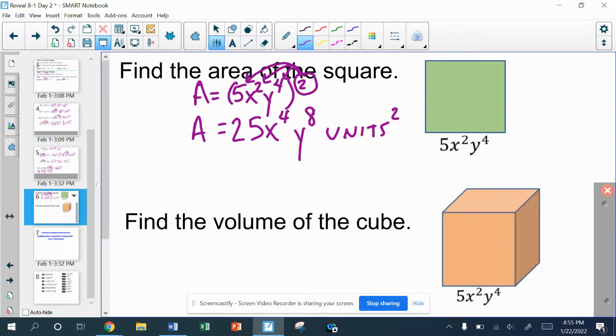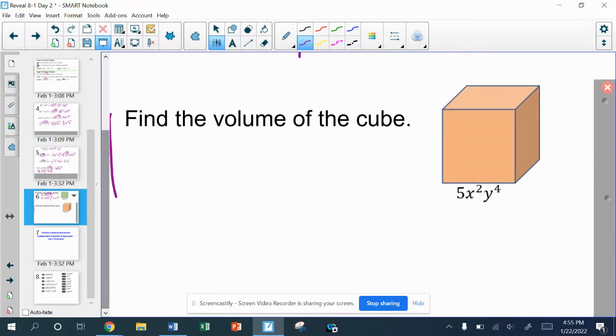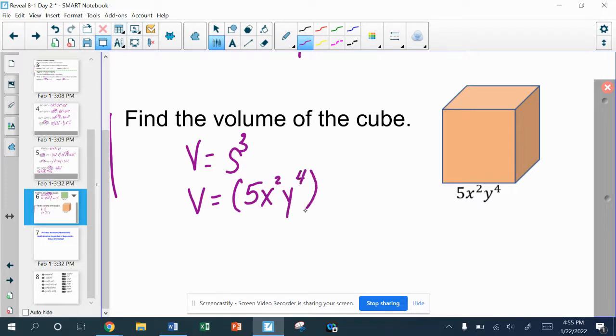And for this last problem, finding the volume of a cube. Now the volume of a cube is going to be the side length cubed. Instead of squared like it is for area, it's cubed for volume. So we're going to have the same numbers. I chose the same side length, but this is going to be to the 3rd power.